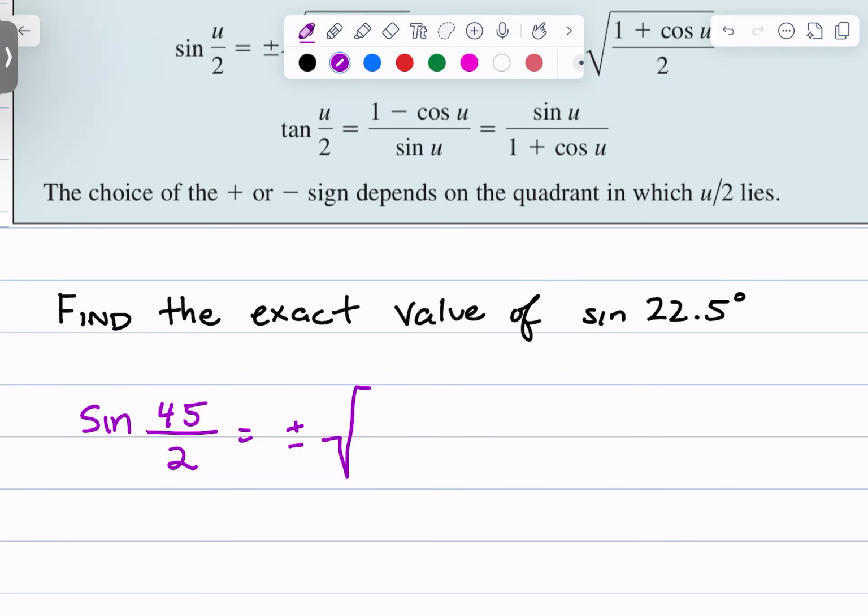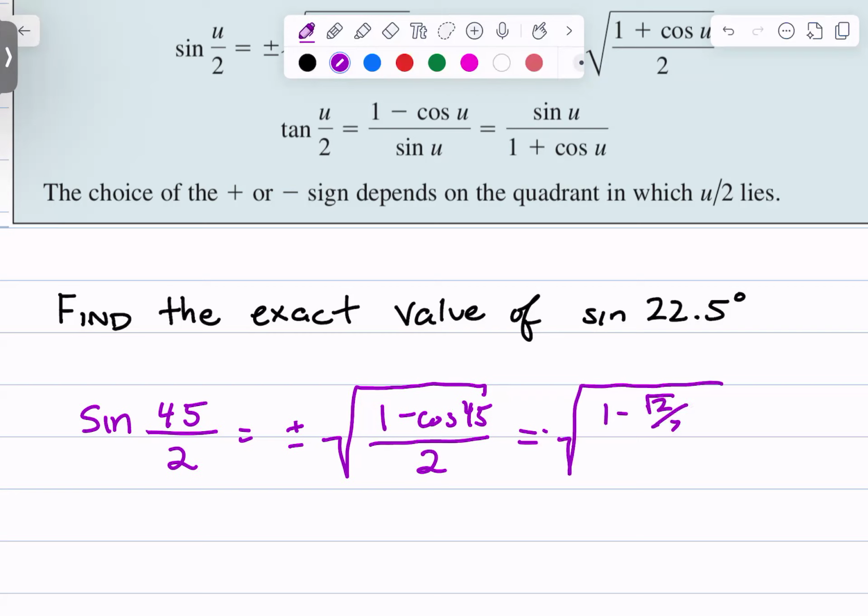I'll deal with the plus or minus in a little bit. Square root of 1 minus cosine of 45 over 2, right? What's the cosine of 45? Square root of 2 over 2, all over 2.